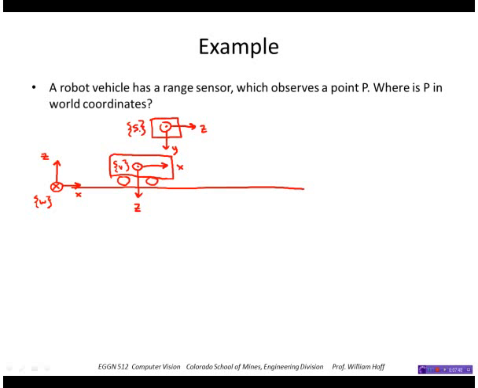And we see a point in the world out here somewhere, call it point P. And let's say that the coordinates of P in S are 0, 4, 10.